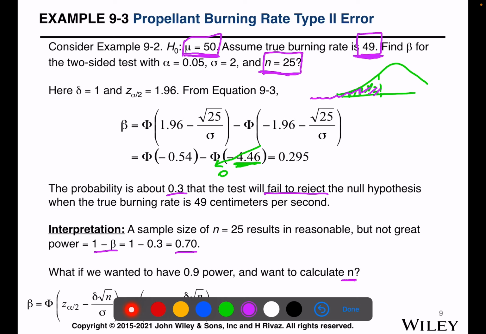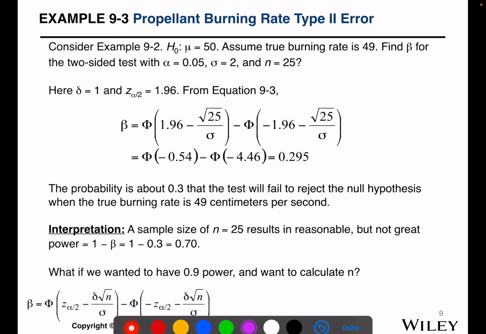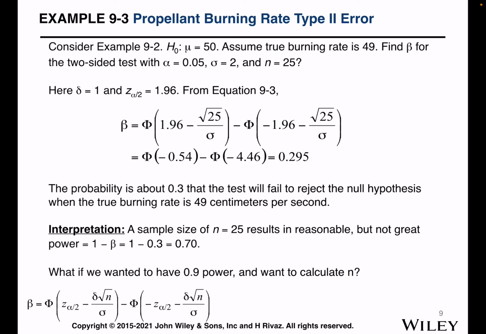So 0.9 again is a common power that is used, right? So that means, how many samples do I need in order to have a power of 0.9, right? So basically what happened here is that we saw that with 25 samples, we have a power of 0.7. Do we need more than 25 samples to get a power of 0.9 or less samples?